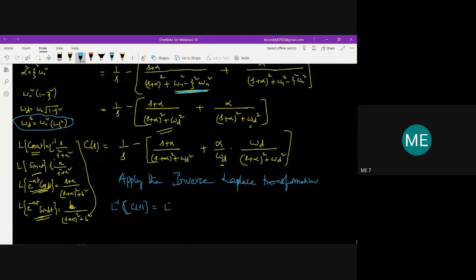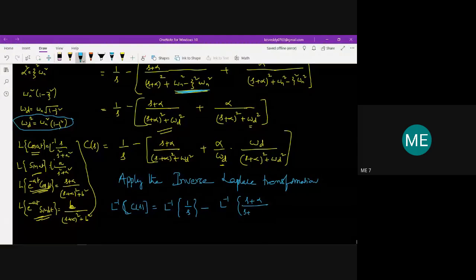So L inverse of 1 by s, minus L inverse of (s plus alpha) by ((s plus alpha) whole square plus omega d square), then plus, I can use the bracket for these two terms.